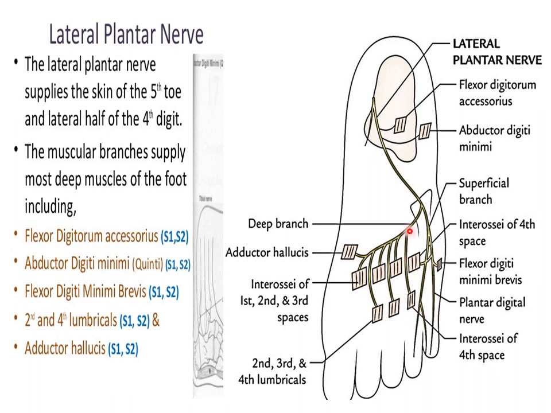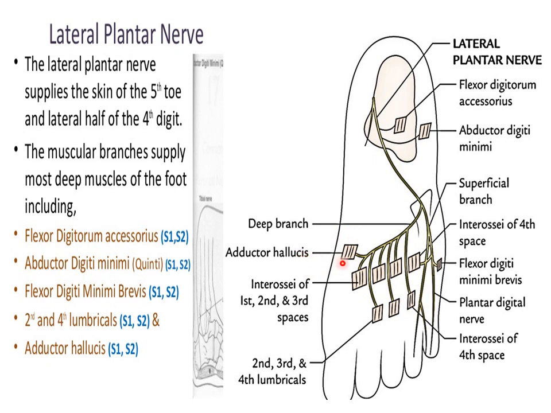Then we have articular branches. They are the superior medial genicular nerve, middle genicular nerve, and inferior medial genicular nerve. These are given in the upper part of the fossa, and it also gives articular branches to the ankle joint.